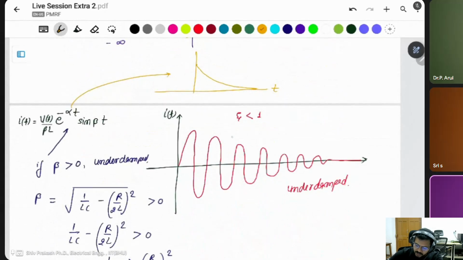That's why this whole function looks like that, because of the exponential term. After some period of time, it goes to 0. You can say it is the steady state, at infinity.